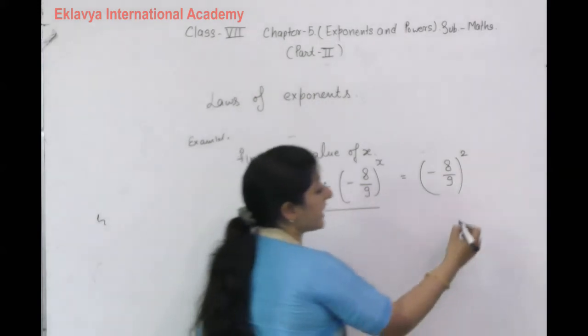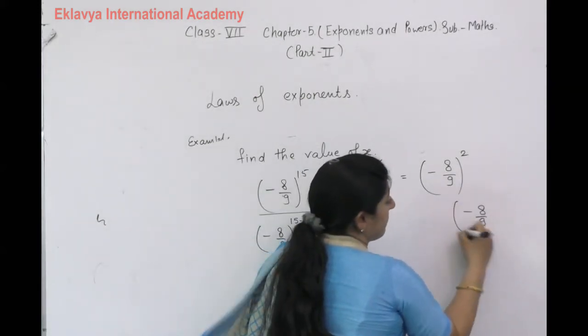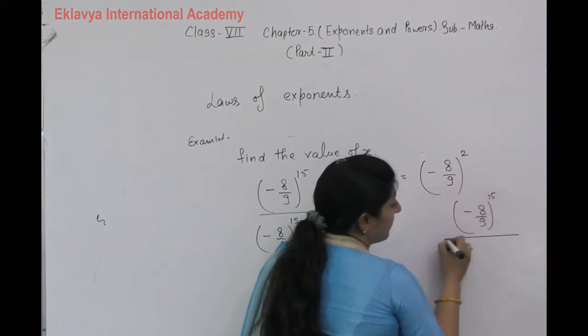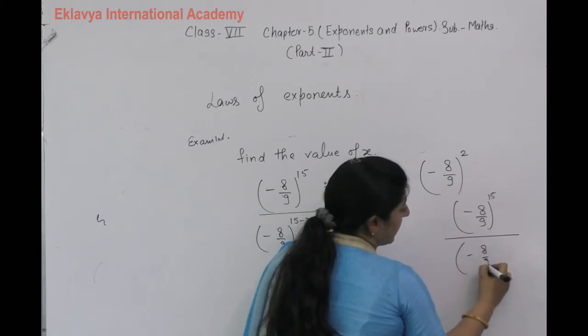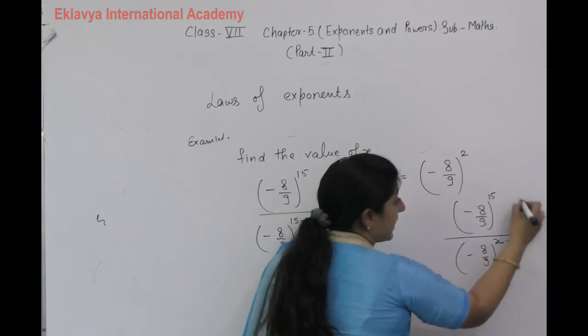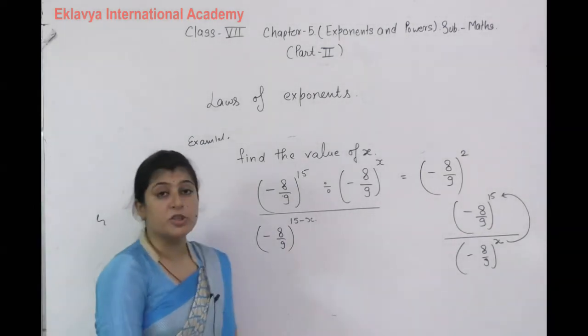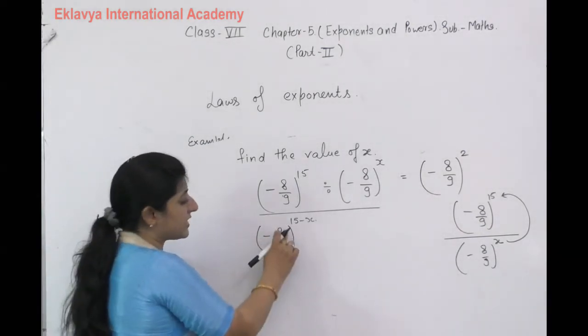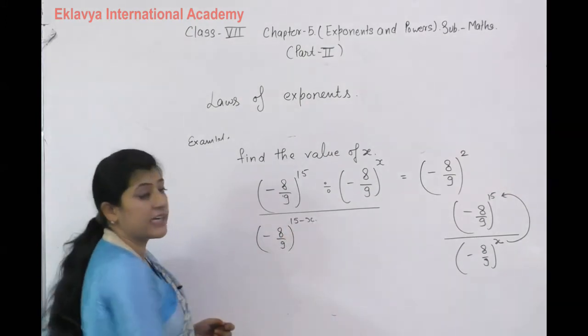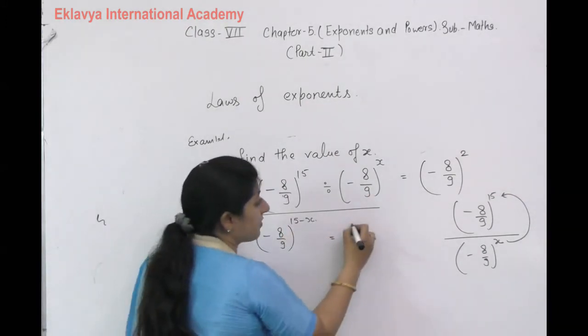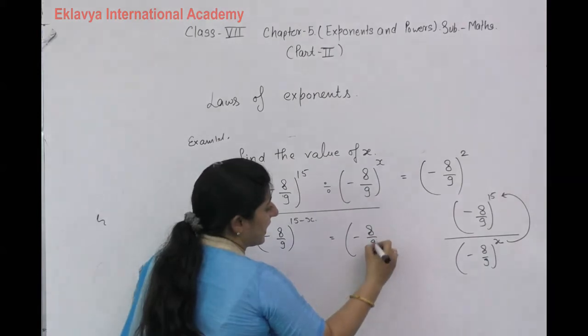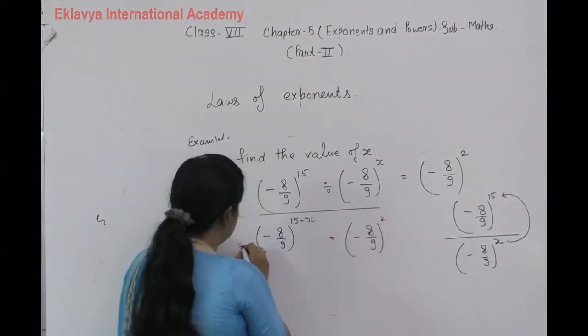We can write it like this: (-8/9)^15 divided by (-8/9)^x. When you find the quotient, you will get (-8/9)^(15 minus x) is equal to (-8/9)^2.